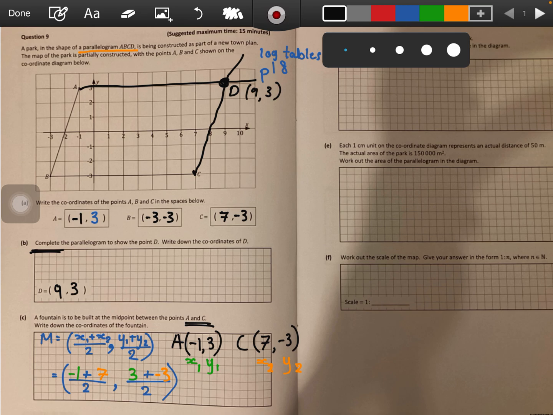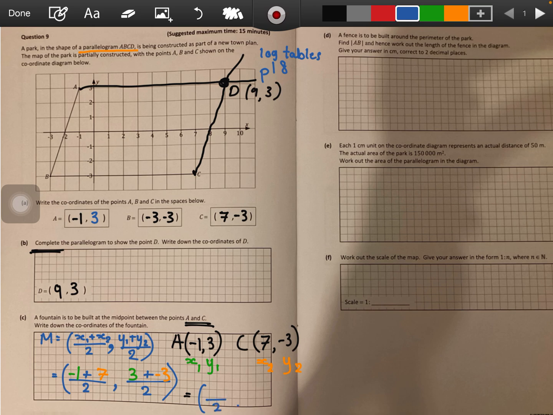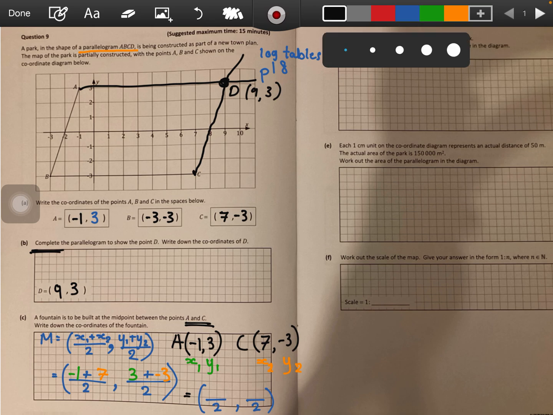Okay, so that means that in my brackets, I am going to end up with, on the top line, when we simplify it, 6 and 0.